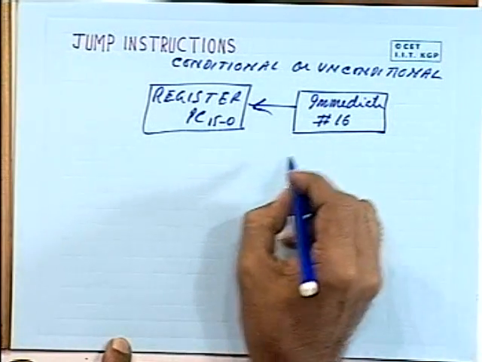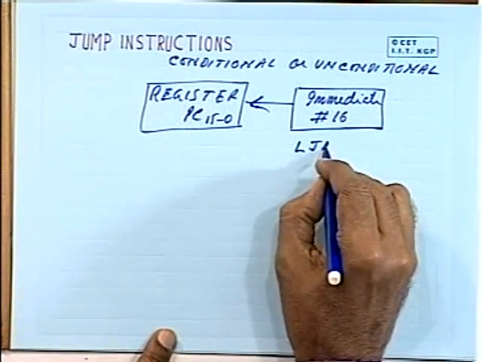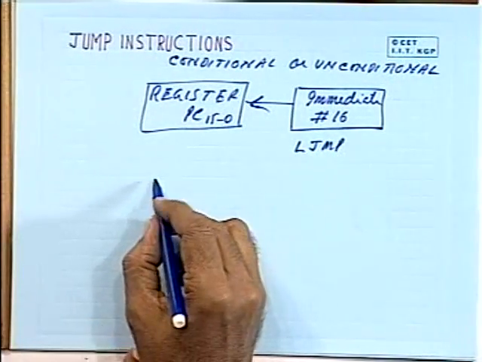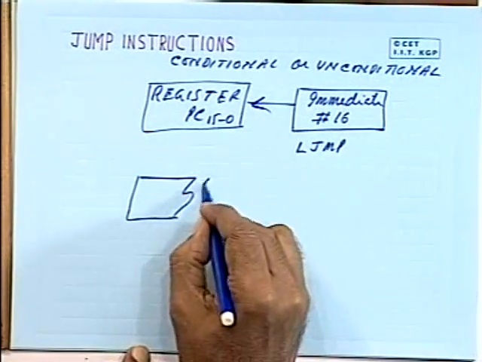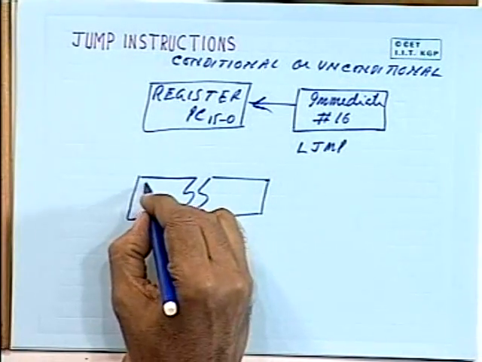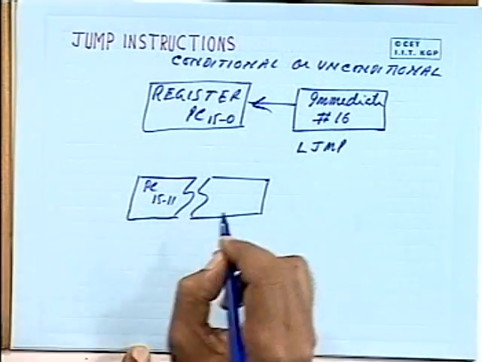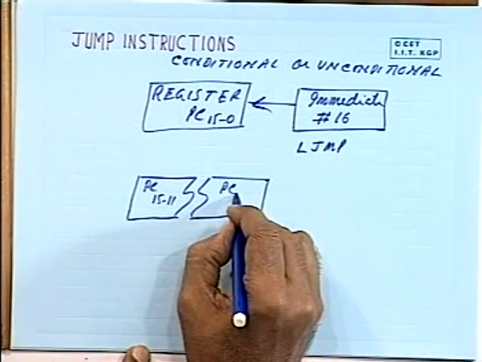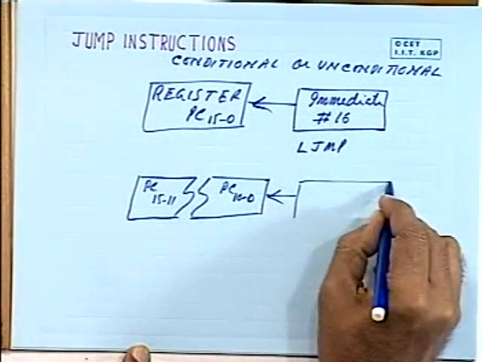And similarly, this is your long jump, LJMP, or it can be the absolute jump, where the higher order 5 bits, PC 15 to 11, are concatenated with PC 10 to 0.